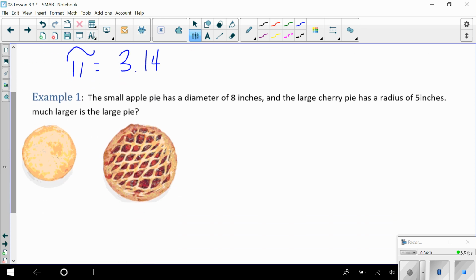So let's look at this first example. It says the small pie has a diameter of 8 inches. So diameter measures the distance across the circle, if you remember from our circle unit, and it goes through the center. The diameter is 2 times the radius.